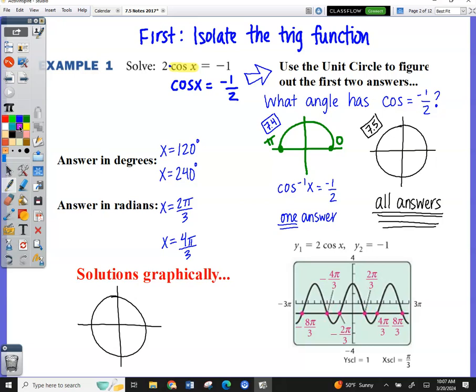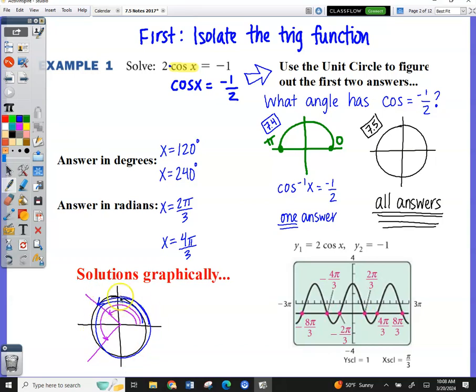All right. So 120, 240. What could I do? What's coterminal? What does that mean? Coterminal means add what? 360. So there's 120, add 360. There's an answer. That's stupid.